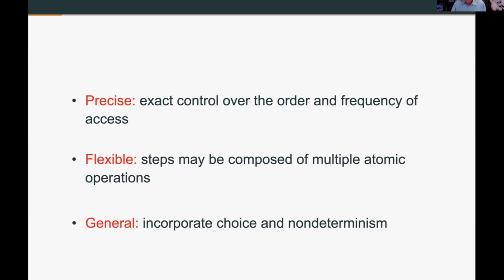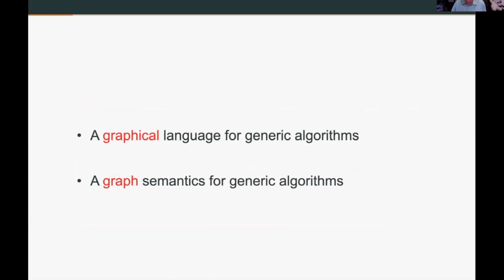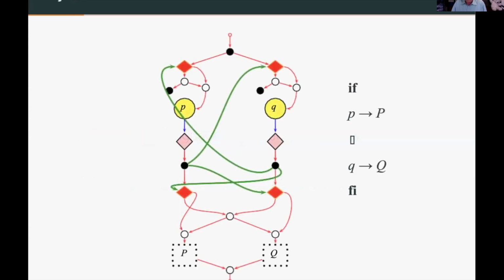We want to be able to say that a single step may have more than one atomic operation or action, and to be able to talk about choice. And for that, I'm going to describe a graphical language, both a graphical language for algorithms that specifies everything precisely, and also when we want to talk about the semantics, the operational semantics, what transpired, a similar graph can be used.